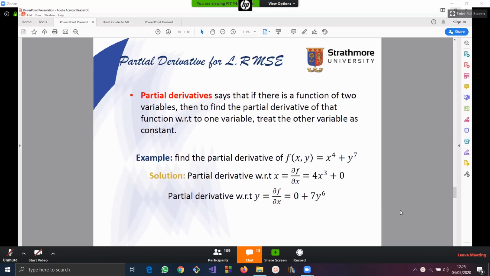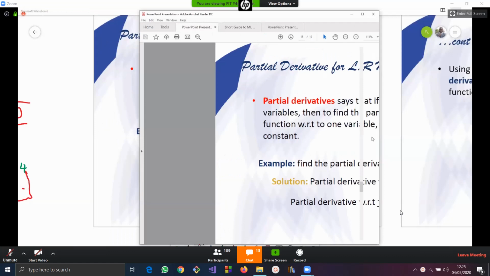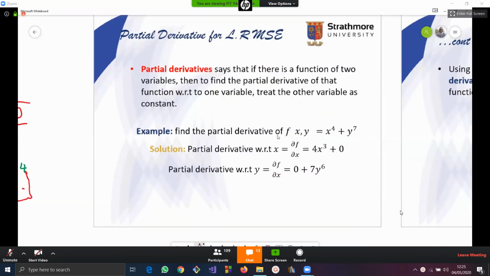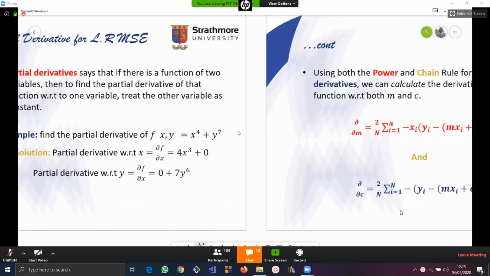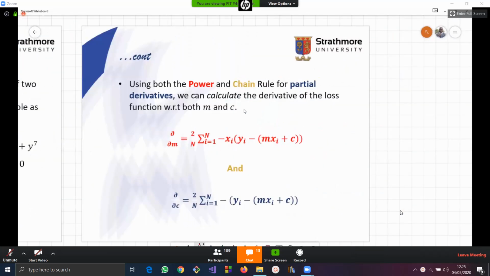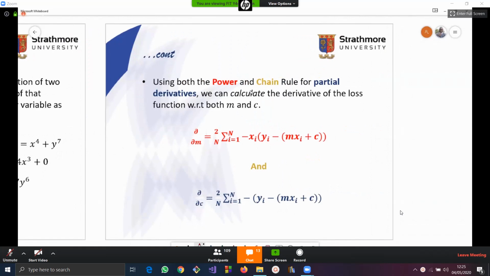So in machine learning, we use partial derivatives. Using that concept, we can still continue with the rules that we had. There was something called the power rule and the chain rule. So from the power rule and the chain rule, we need to do the derivative of the loss function.